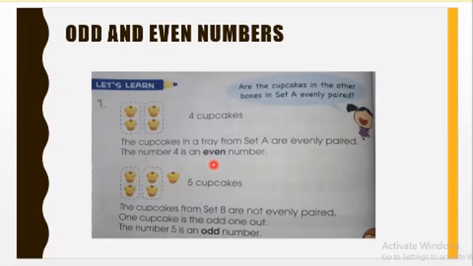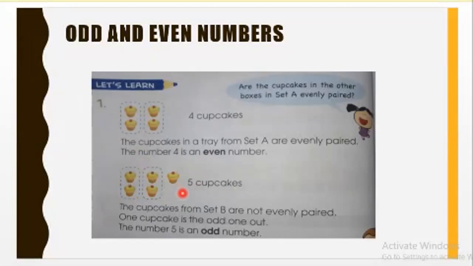Now, after reading the statement, compare picture number 1 and this picture number 2. In this picture, we have 5 cupcakes, and when we group them into groups of two, one cupcake is left.